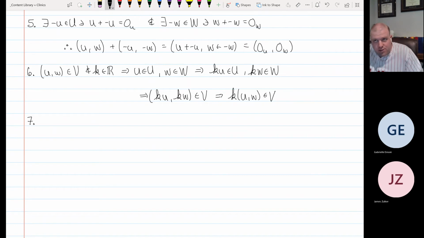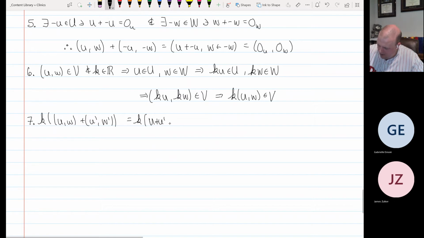So now we have to do distribution across vector addition, right? So we have to do K times U, W plus U prime, W prime. This would be K times U plus U prime, W plus W prime.